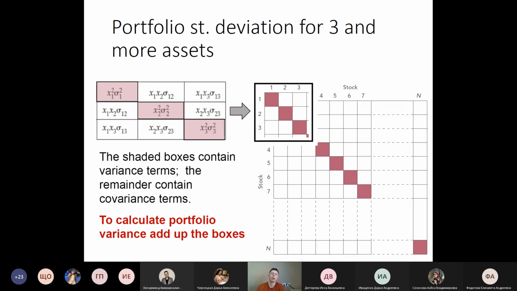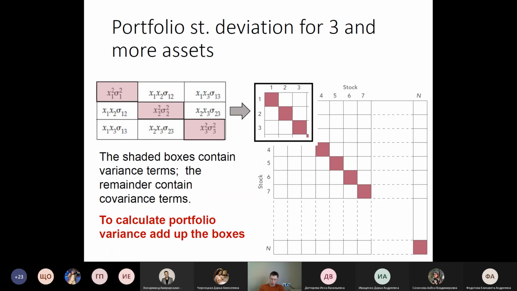In the general case, we used the table in order to estimate the variance of a portfolio of more than 2 assets. But the logic is the same. We have the fraction of each asset and their covariance with each other, and we find the sum of all of those in order to estimate the variance of this portfolio.